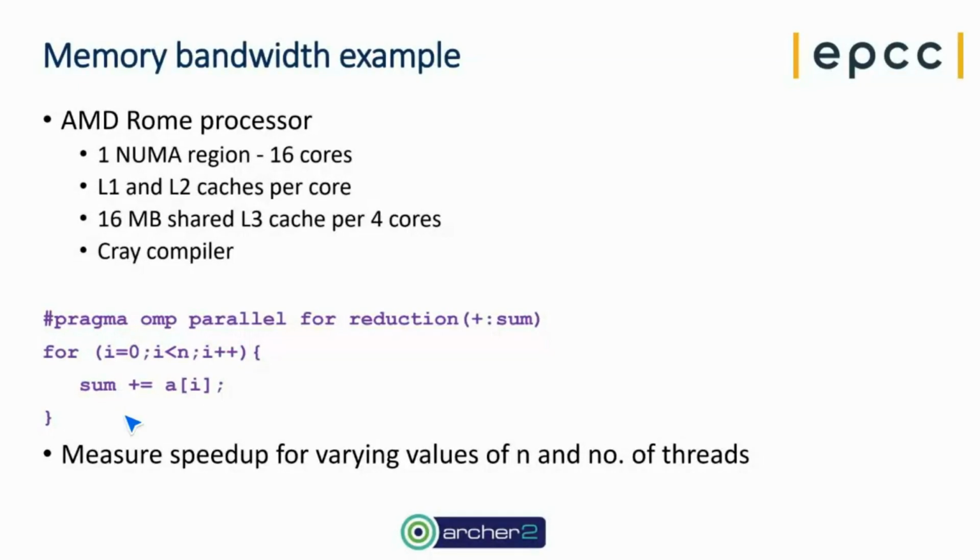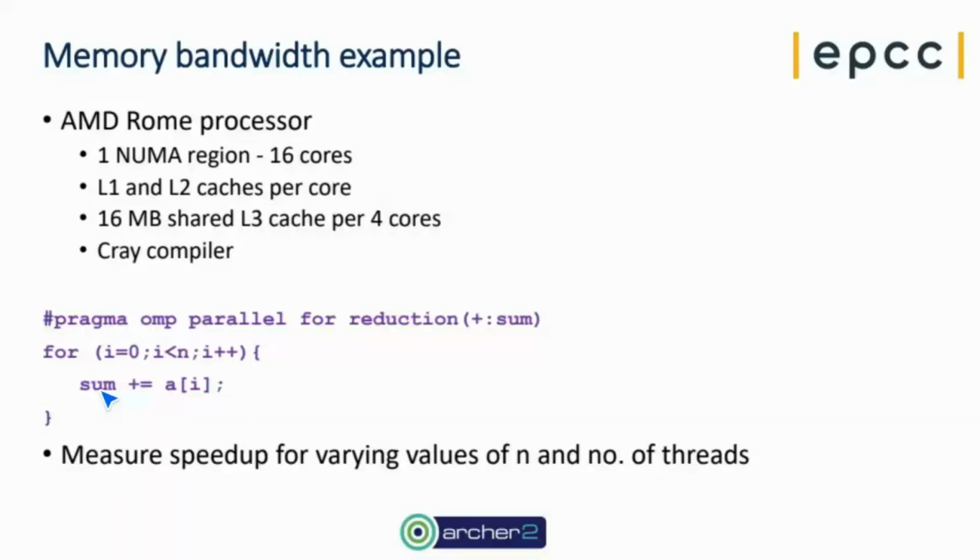If you're not familiar with OpenMP, the reduction clause is making private copies for each thread, and then adding them up together at the end. The cost of that is fairly minimal compared with everything else going on. So really, we're just looking at the read bandwidth to this array A.